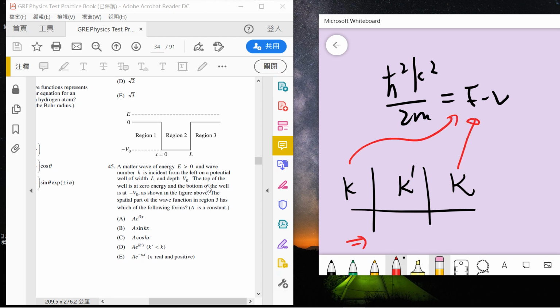So in region 3 it should still be related to k. And because there is no special symmetry, the answer should be some kind of exponential e to the ikx form. So the answer is A.